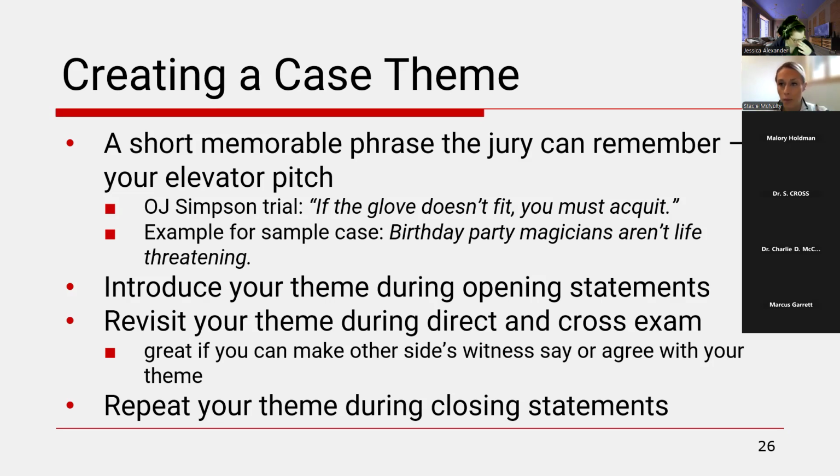You're going to build this into your opening statement, like we talked about, and you're going to revisit this during your direct and cross exam. Especially, bonus points if you can make the other side's witness say this phrase or agree with your theme.